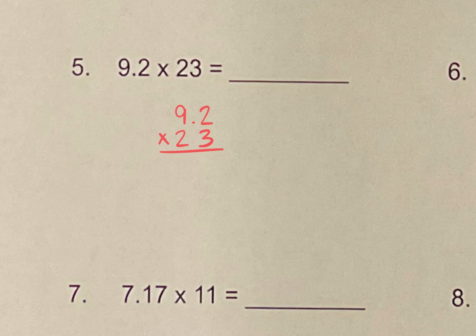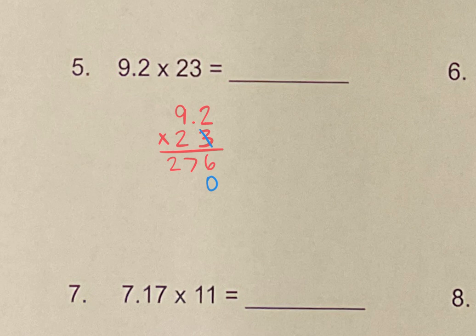So we would do 3 times 2, which is 6. We would do 3 times 9, which is 27. And as a quick review, in multiplication, we already know how to use the standard algorithm, right? But whenever we move on to the next number, or the multiplying by the tens place, we would mark out the ones place, add our 0, and continue, right? So I'm going to use blue to show that I'm multiplying by the tens place.